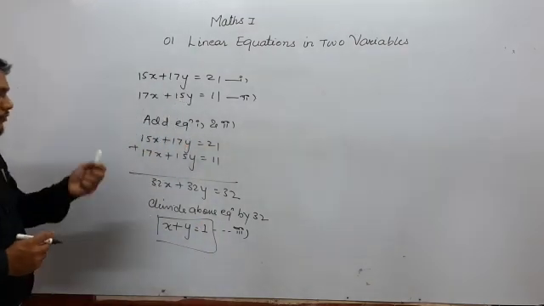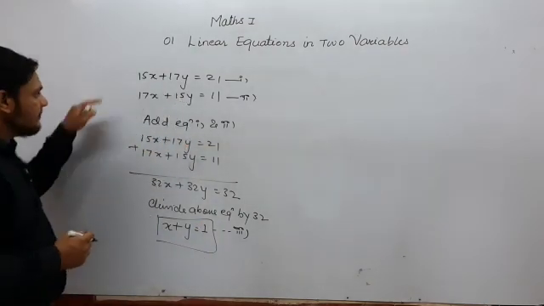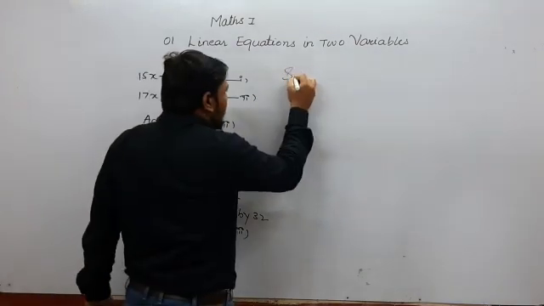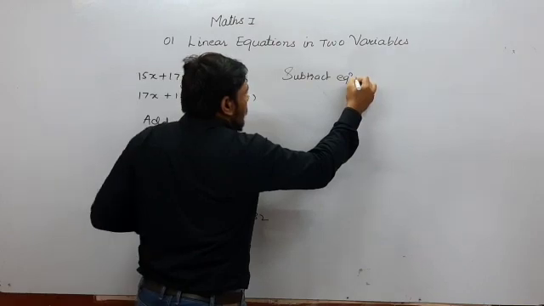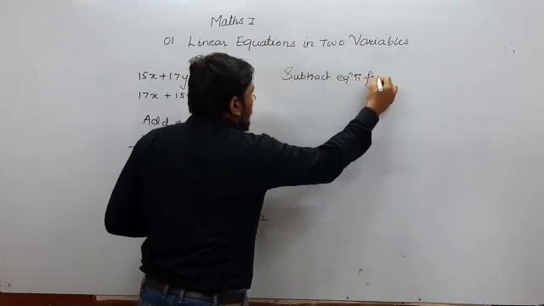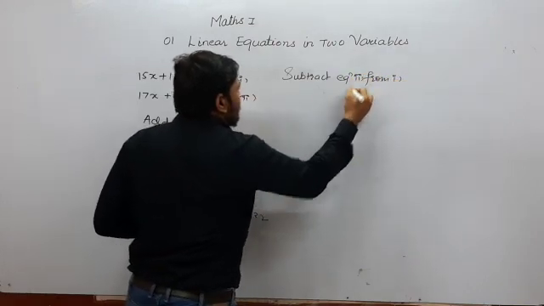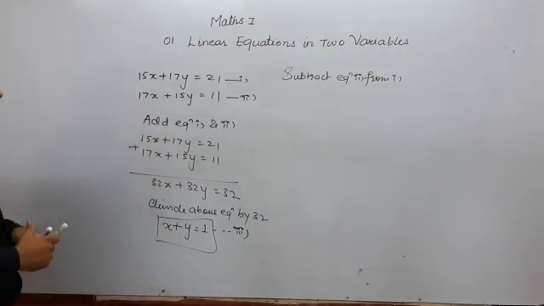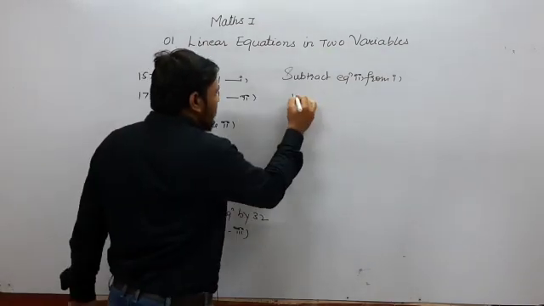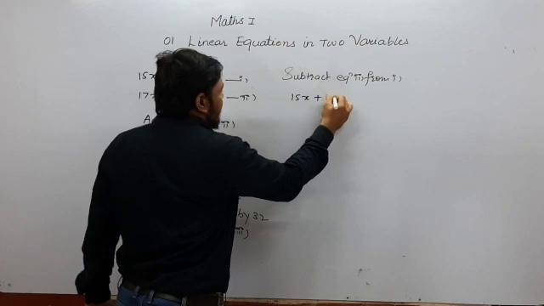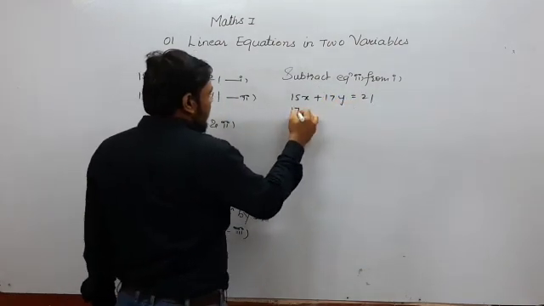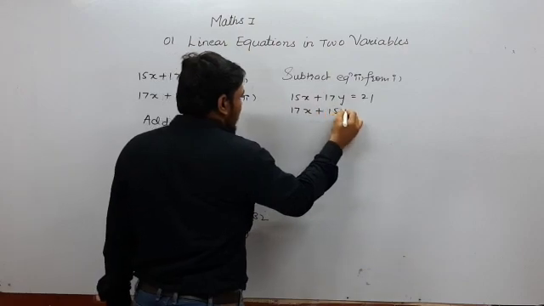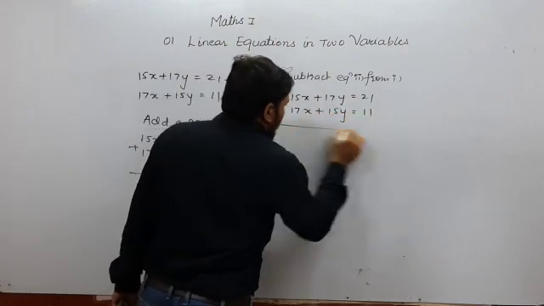Now we need one more simple equation, and for that we will subtract the equations. So subtract equation 2 from 1. So it will be 15x plus 17y equal to 21 and 17x plus 15y equal to 11.